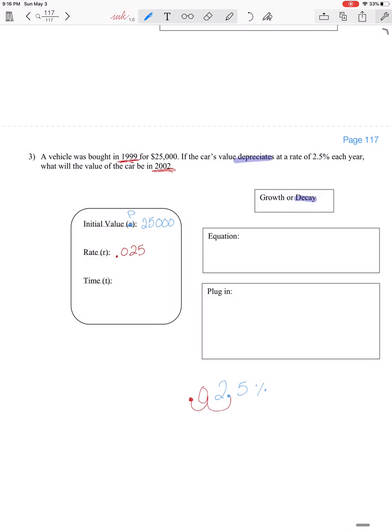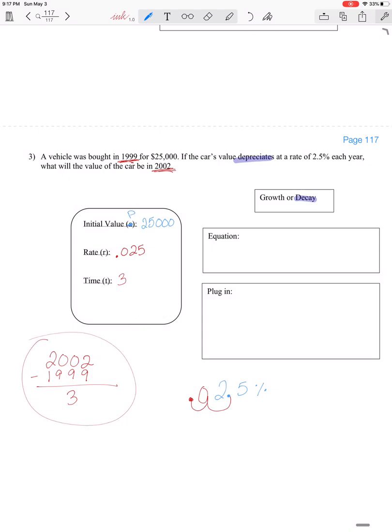So we can count using our fingers, or we can take the year that we have to find, subtract the year that they purchased it. If you do that, you'll see that it's 3 years. So your T would be 3. You can always do that by subtracting.